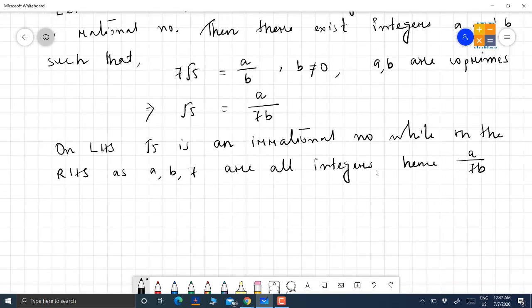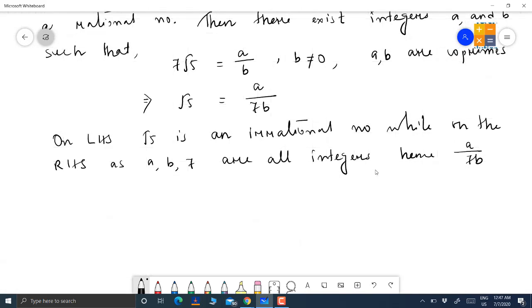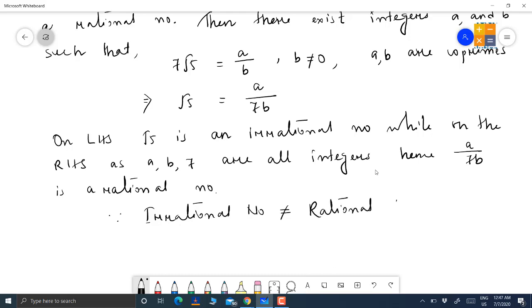Yes or no? It is a rational number. Since irrational number is not equal to rational expression, therefore, our assumption is wrong.